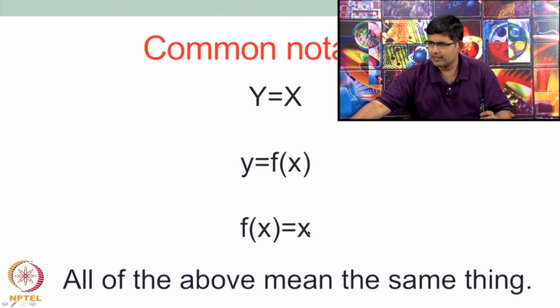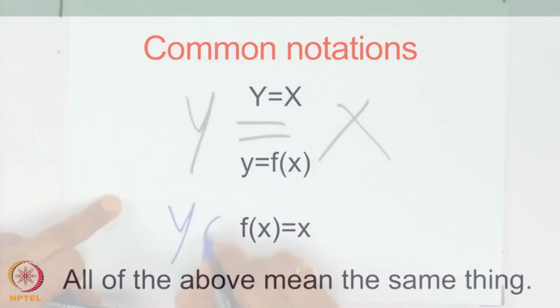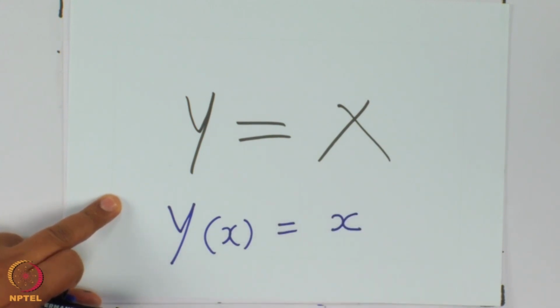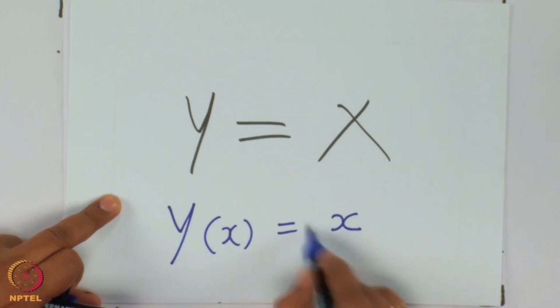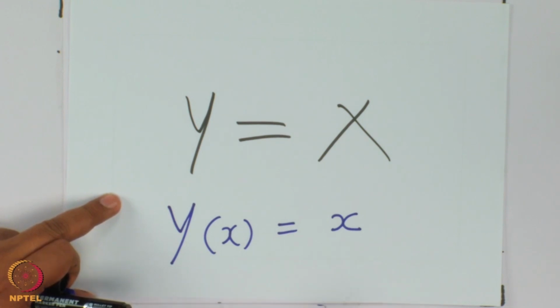So, f of x equal to x is exactly the same as y is equal to x, and in some places you would also see y of x is equal to x. All of this would mean the same thing. This means that y is a function of x and that function is x. That is what it typically means. So, all of this implies the same thing.